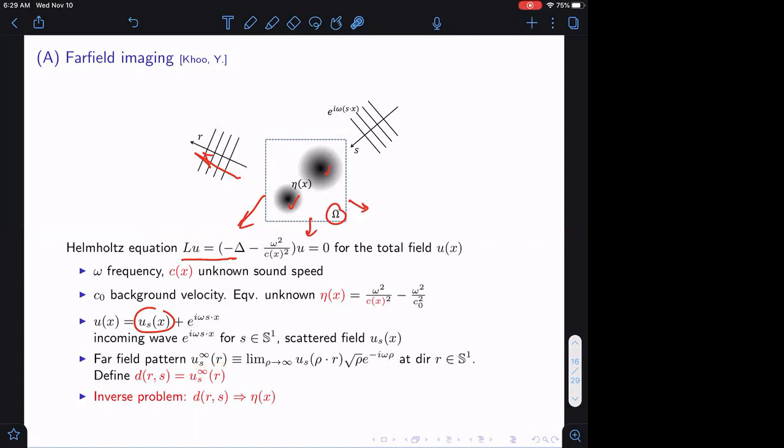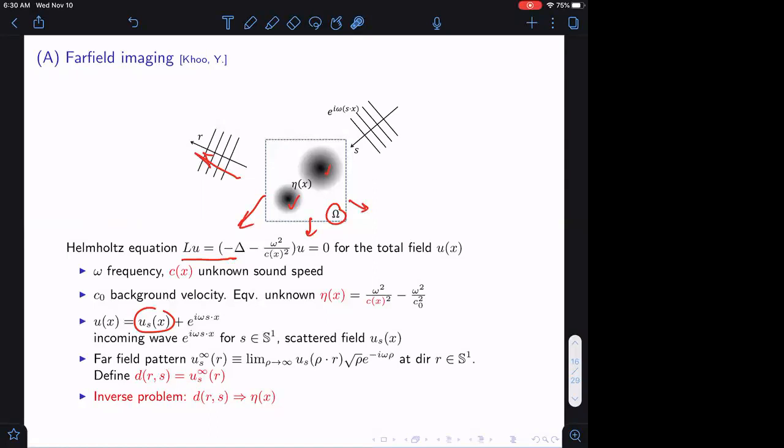Even if you collect it at infinity, it has been appropriately rescaled so that it's order one, and we also remove some linear phase, so the signal itself becomes slightly smoother. So the boundary measurement is actually the far-field pattern starting from any source s and collected at all possible receiver directions. Therefore, this is a function defined on the unit circle in r. R is also a unit circle, s is also a unit circle. So the data D is a signal defined on a two-dimensional torus.